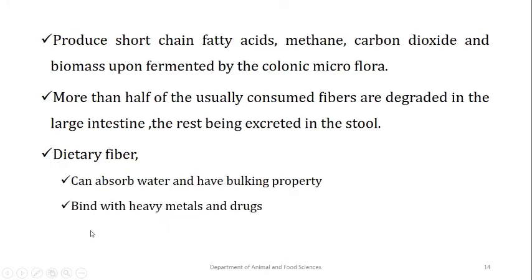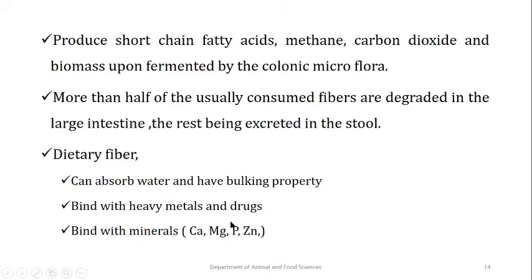They can bind with heavy metals and drugs and some toxic compounds. Again, this has a vital importance in preventing cancers. You will learn why. And also, this dietary fiber can bind with minerals like calcium, magnesium, potassium, and zinc.